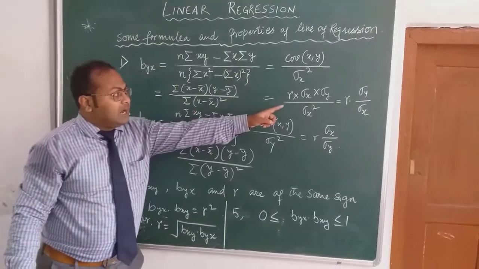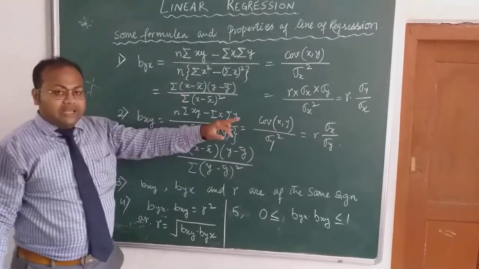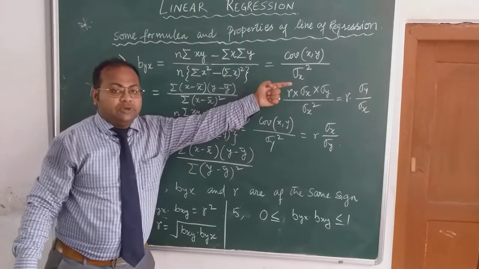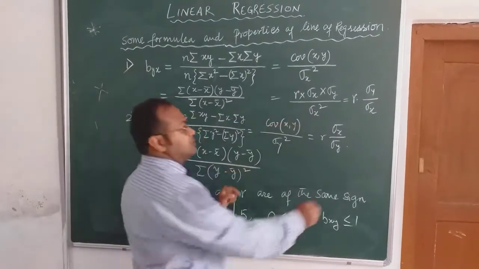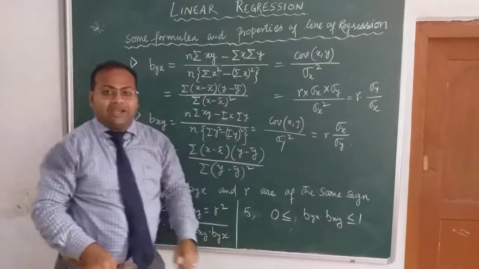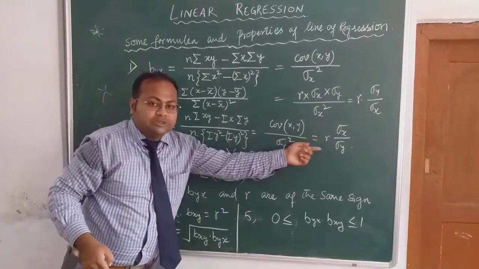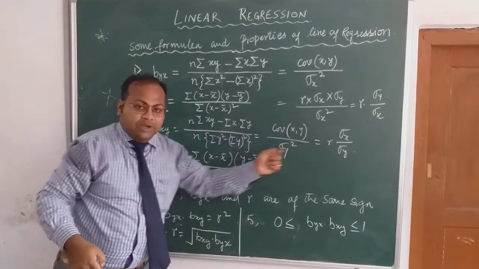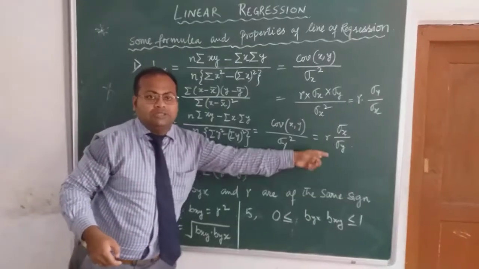It will be r into sigma y by sigma x. If it is y on x, then y will be in the numerator and x in the denominator. And bxy is r into sigma x by sigma y. It is the regression coefficient of x on y, so sigma x is on sigma y.